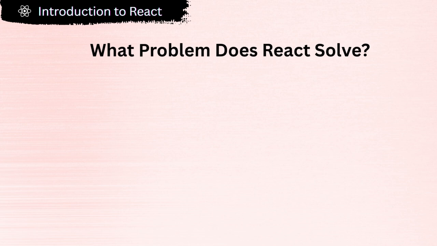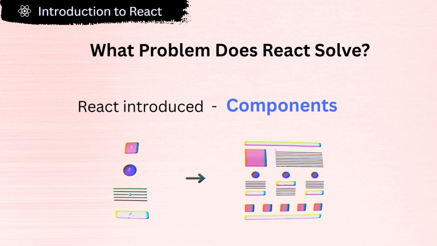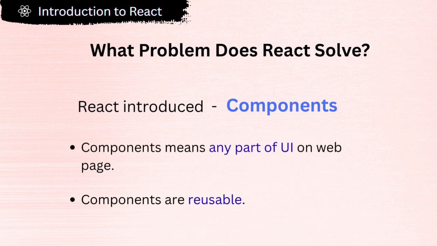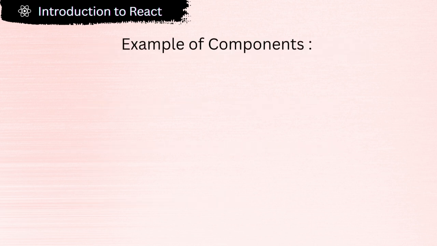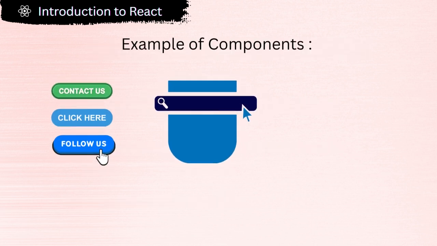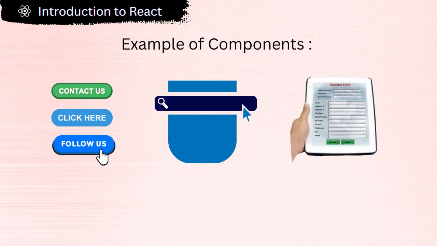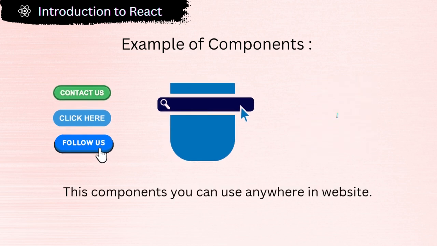Now see, what problem does React solve? React introduced a new way of building web apps using something called components. These components are small and reusable blocks of UI. For example, a button, navbar, or a form can be separate components.